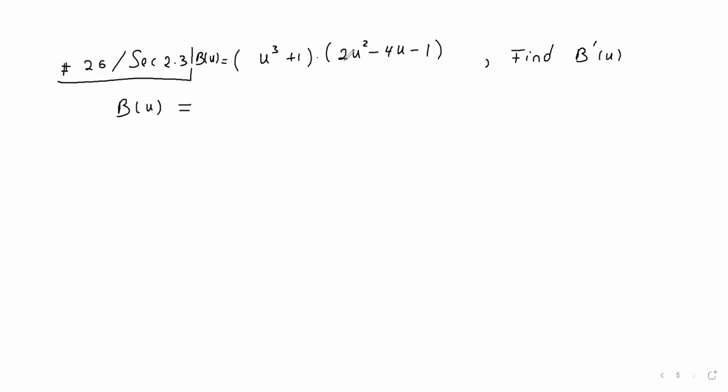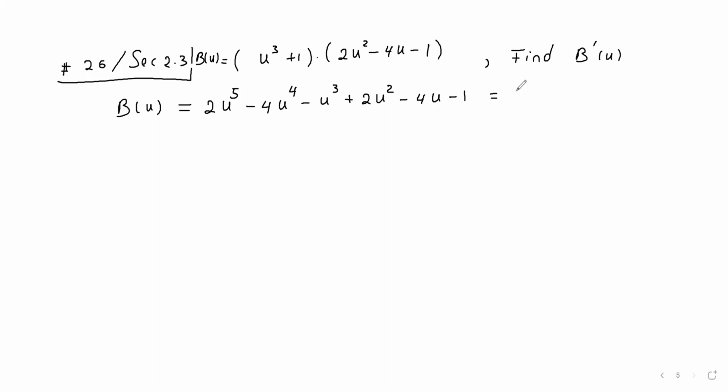I'm going to do u cubed times 2u squared, which is 2u to the fifth, u cubed times minus 4u, which is minus 4u to the fourth, u cubed times negative u, which is minus u cubed, then 1 times 2u squared, which is 2u squared. This is reviewing your college algebra skills, folks. Then 1 times negative 4u is negative 4u. And finally, 1 times negative 1 is negative 1.